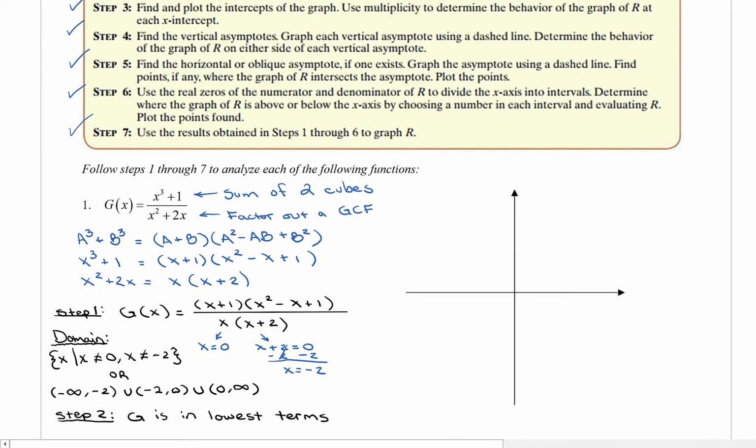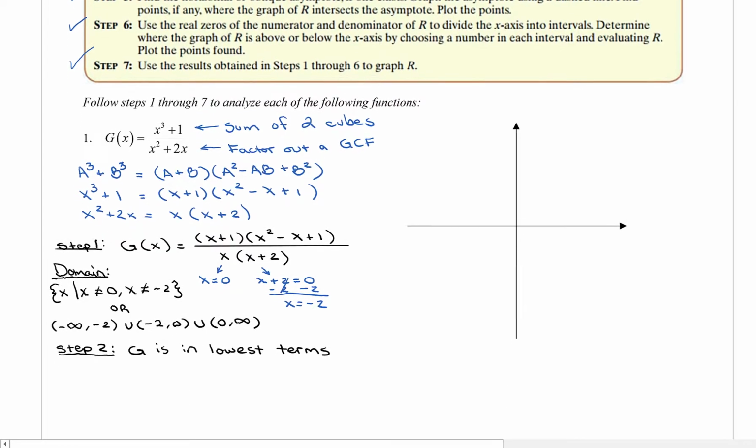All right, step 3, find the intercepts. The intercepts means we're looking for the X-intercept and the Y-intercept of this function. If you recall, you should already know how to find the intercepts of a function.